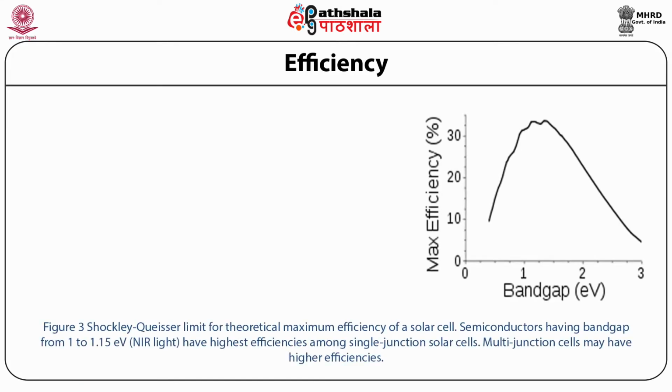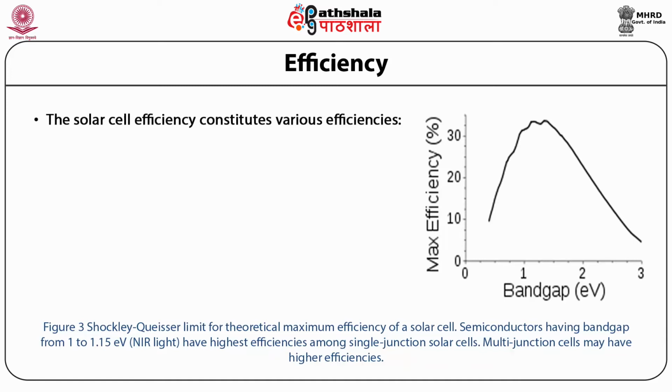The figure shows the Shockley-Queisser limit for theoretical maximum efficiency of a solar cell. Semiconductors having a band gap of around 1.5 electron volt, that is in the range of NIR light, have the highest efficiencies among single junction solar cells. Multi-junction cells may have higher efficiencies.